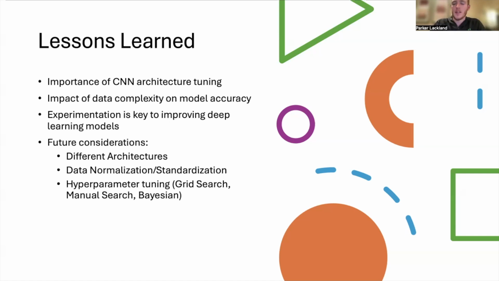You can improve on that accuracy greatly by changing the depth, by changing hyperparameters, by standardizing your data. You can do all kinds of things that change the metrics for your model. So the importance of experimenting with the architecture and experimenting with these hyperparameters is great.